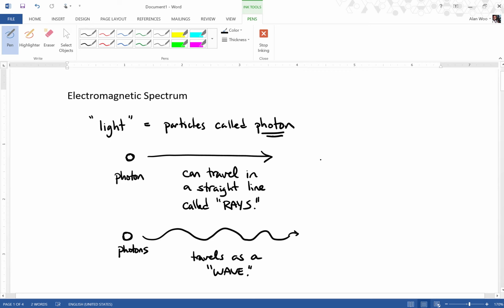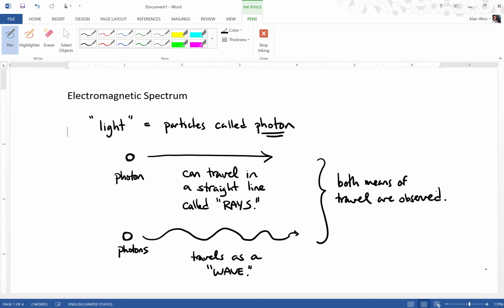Both means of travel are observed. So we say that sometimes we see light traveling as rays, sometimes we see light behaving differently and traveling as waves. All of this happens in space, as well as on our planet, especially when light is occurring within our atmosphere.